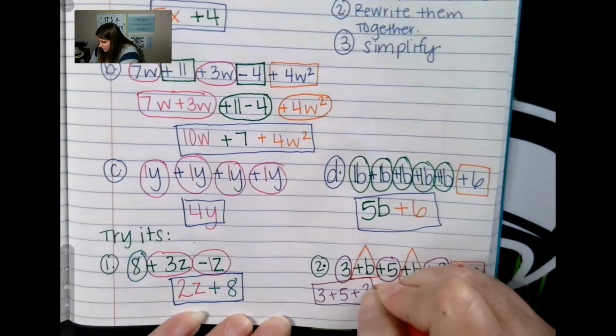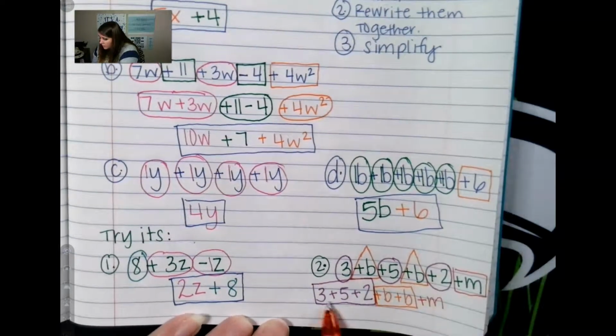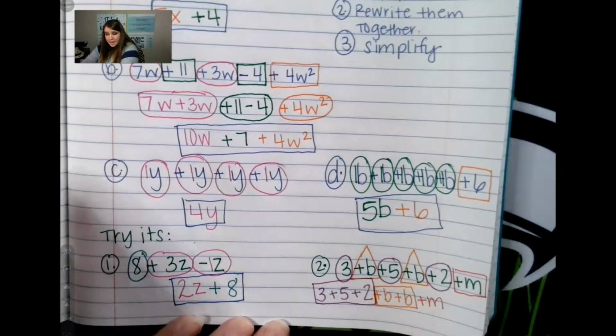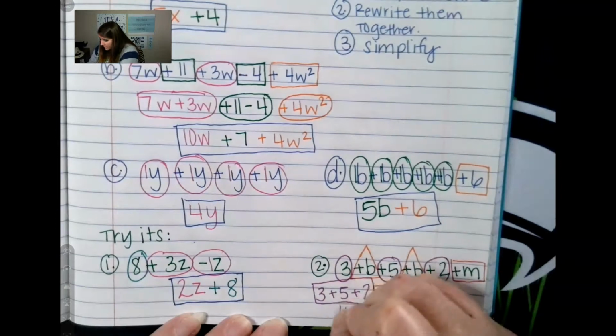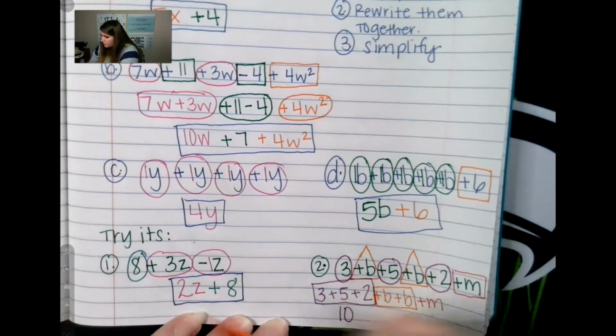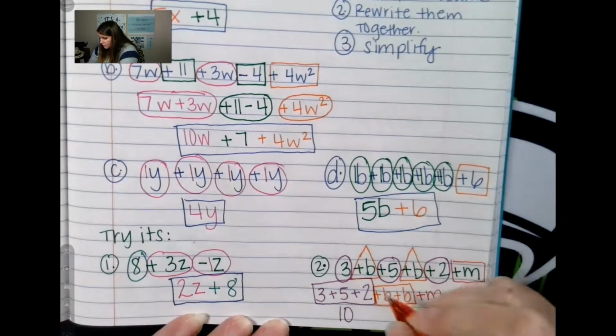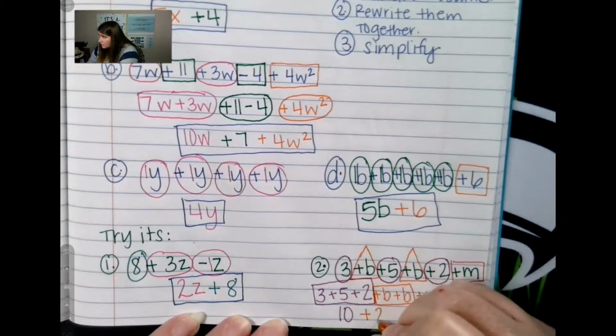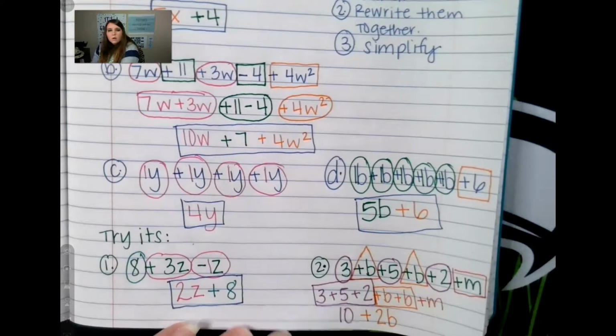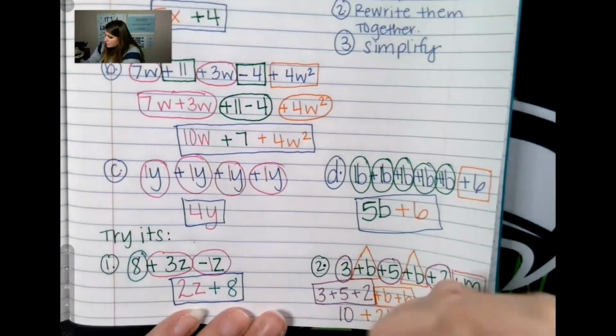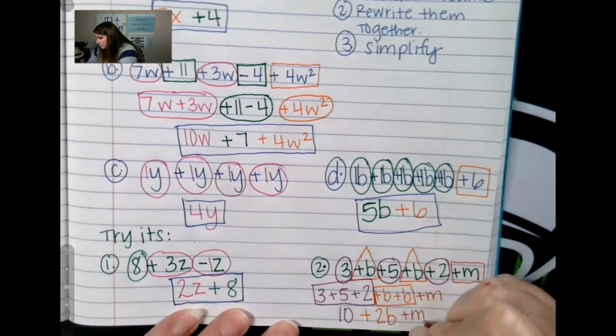All right, so we have 3 and 5 is 8, 9, 10. So that gives us 10. Plus I have 1b plus 2, that's 2 b's. So I have 2b or not to be. That is the question. Plus I have this m.